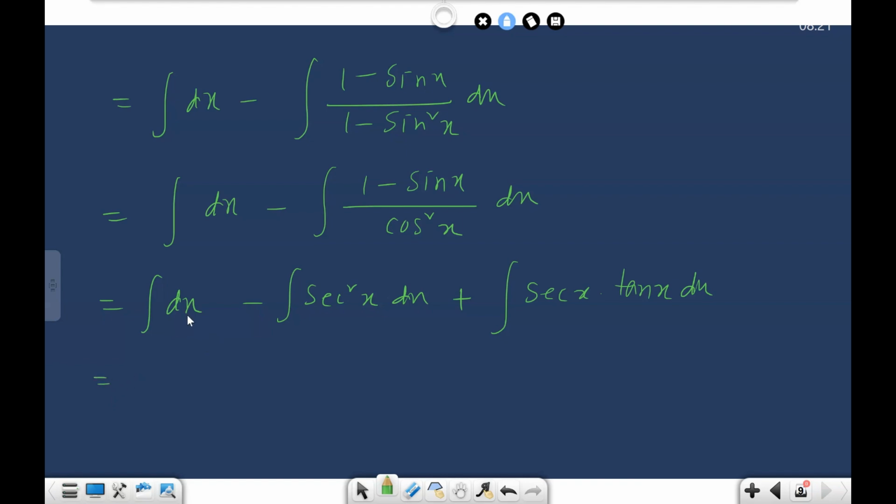So now integral of dx is x, minus integration of sec square is tan x, plus integration of sec x tan x is sec x, and plus constant of integration c, and this completes your solution.